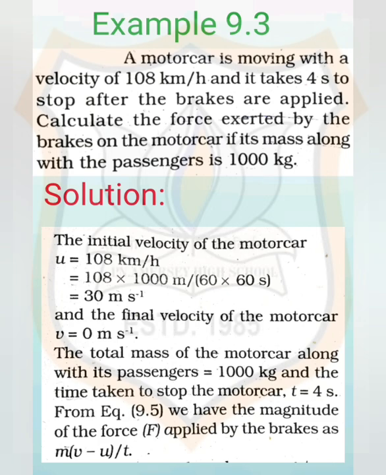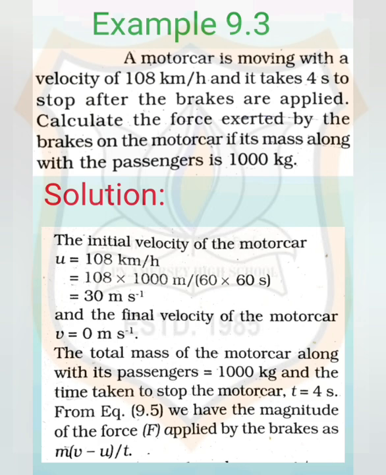Here, the motor car is moving with a velocity of 108 km per hour. Therefore, the initial velocity u is equal to 108 km per hour. On changing this kilometer per hour into meter per second, we have to multiply 108 into 1000 divided by 3600: 1000 for meters and 3600 for seconds.